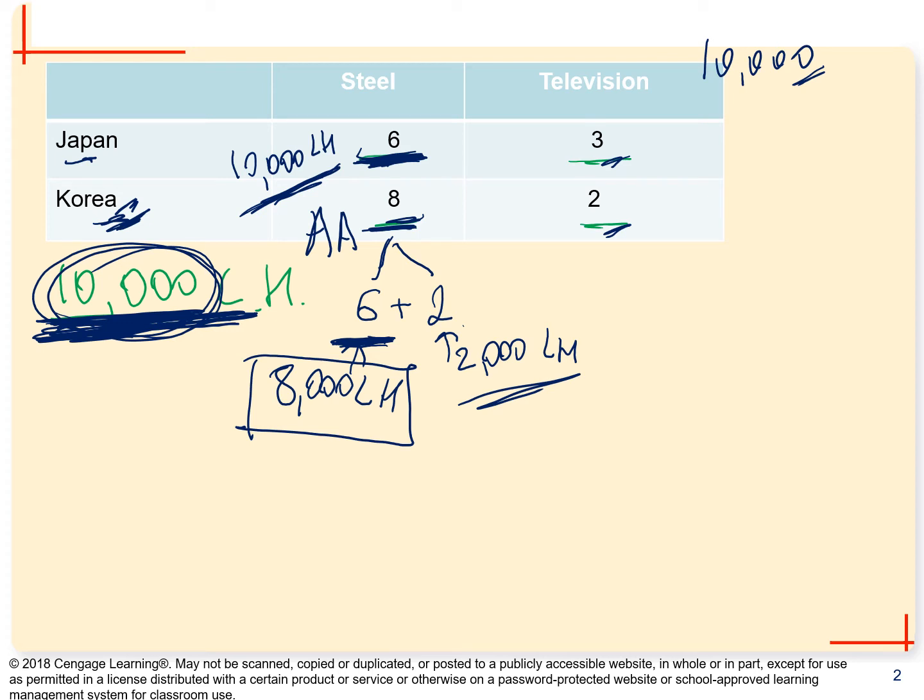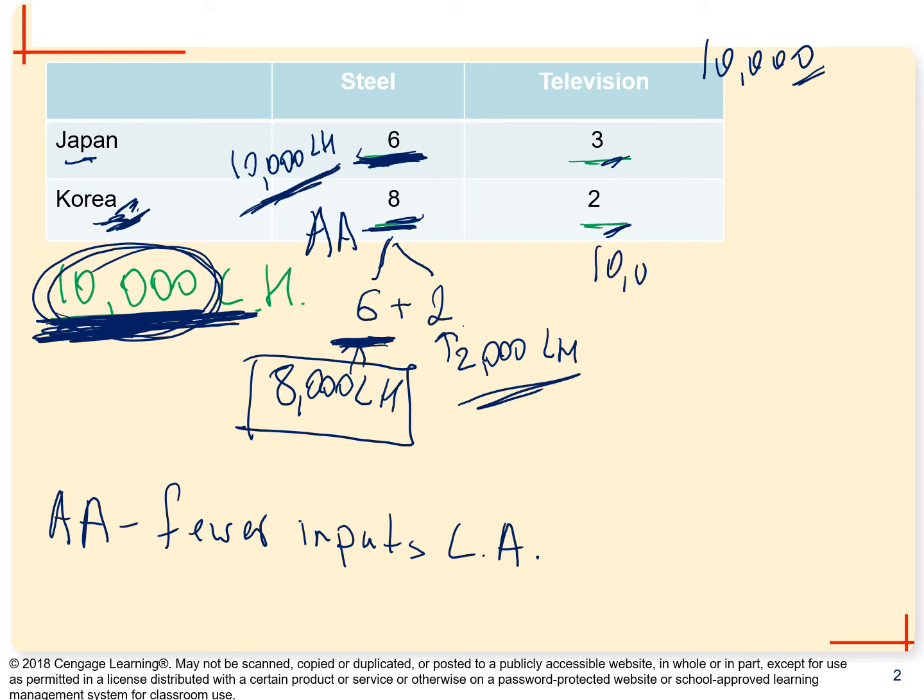Again, remember, absolute advantage, we're looking right now at who is using fewer inputs or fewer resources. And these inputs, this is our labor hours. Just think about it. I'm going to start with Korea. Korea spent all 10,000 labor hours and produced 2 TVs.